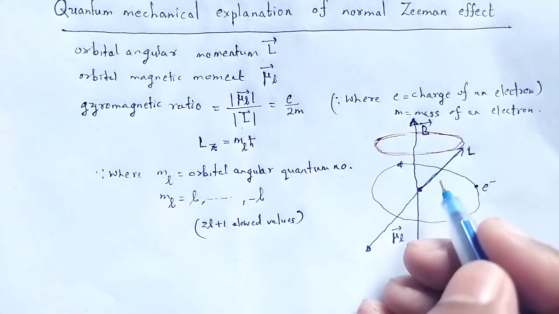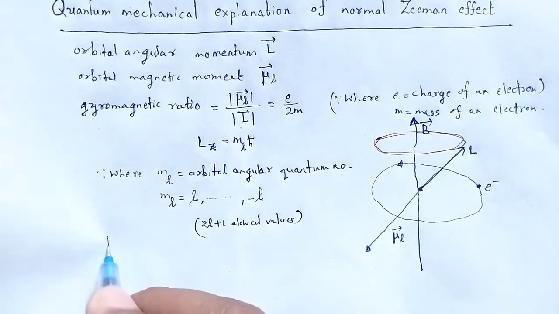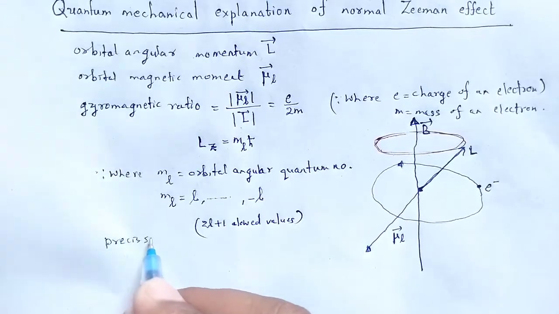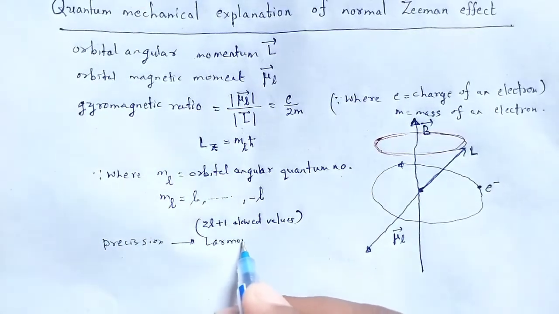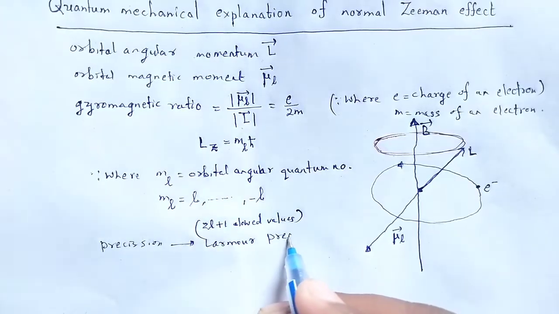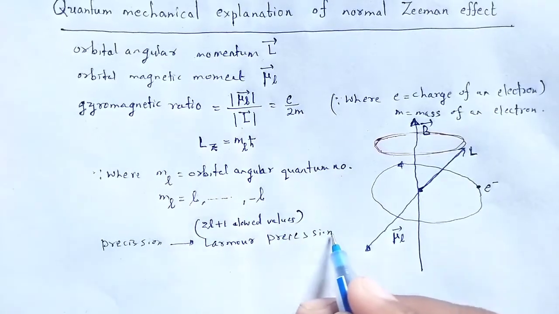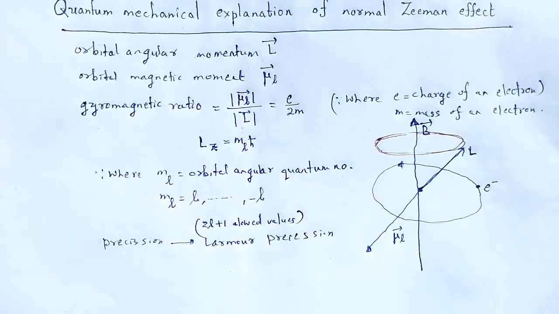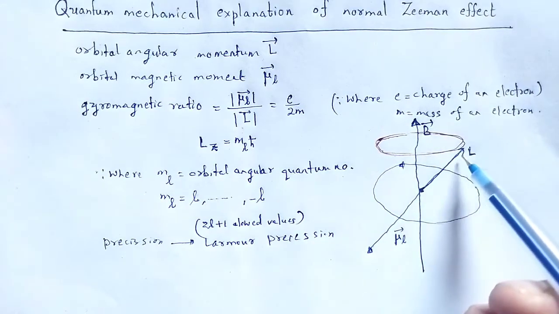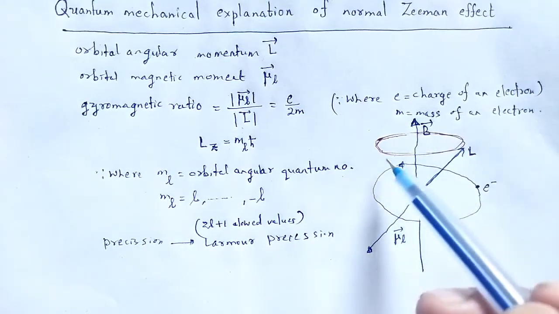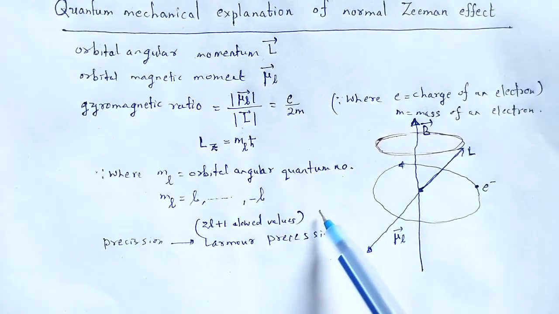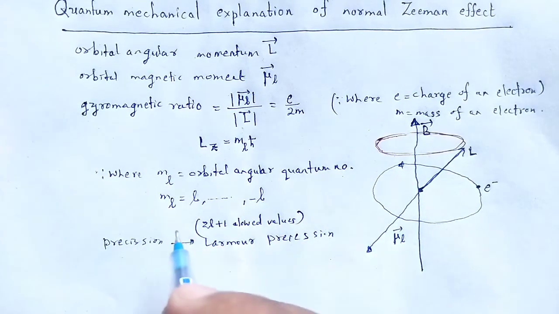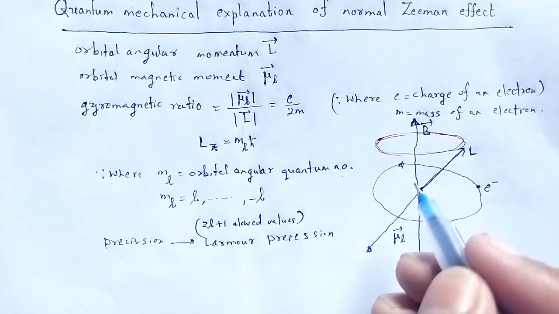We have already discussed in the vector atom model that in an external field, the orbital angular momentum precesses around the external field, and that type of precession is known as Larmor precession.